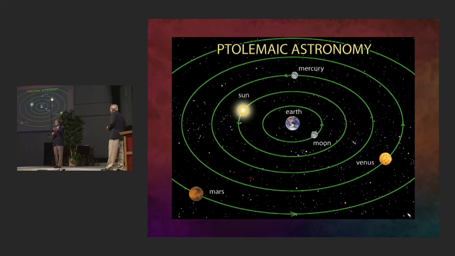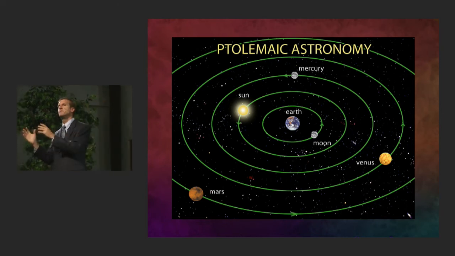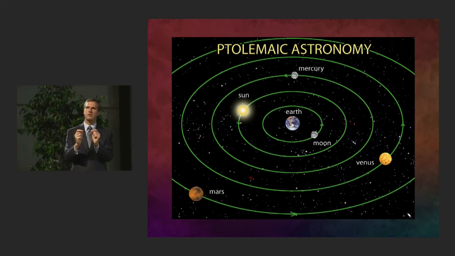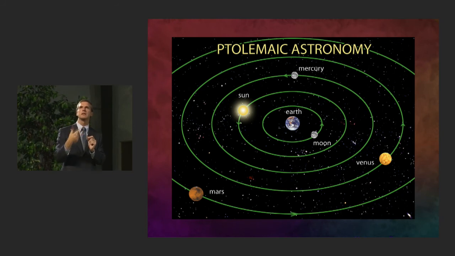Now, don't you think that's interesting that such an obvious mistake could be believed and rebelieved and taught for hundreds of years until finally somebody came along called Copernicus and said, you know what? There's a more elegant model which also fits the data. And that more elegant model has the sun at the center of the solar system and the Earth rotating around the sun.